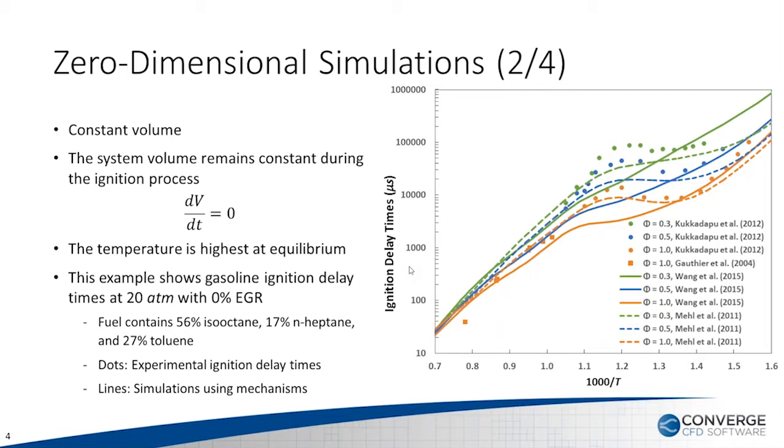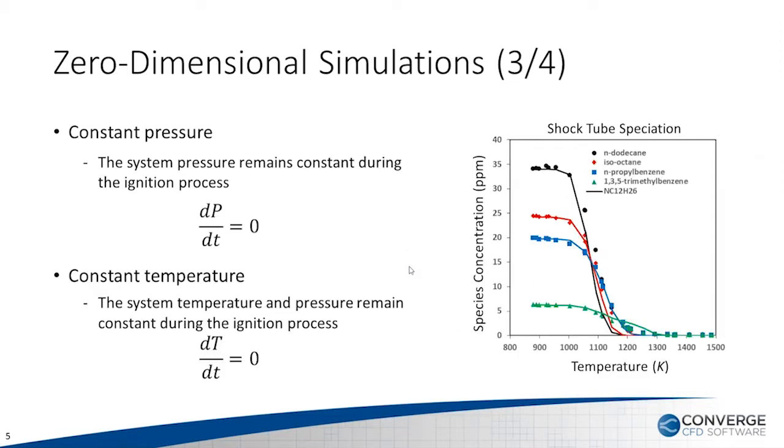As shown here, both mechanisms do a good job in the high temperature area, but in the NTC area, the Mehl mechanism is better than Wang's mechanism. This is just an example to demonstrate how, without running a 3D case, you can roughly know which mechanism works better for you.